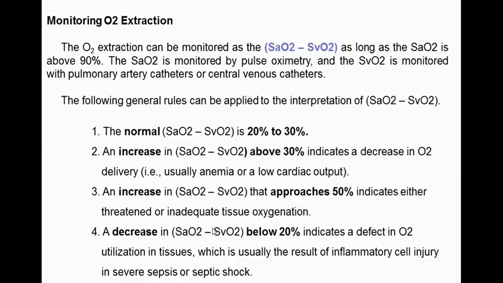What's the extraction? It's arterial minus venous. When this difference decreases, it's because the venous return is higher, when the tissues didn't consume the oxygen.